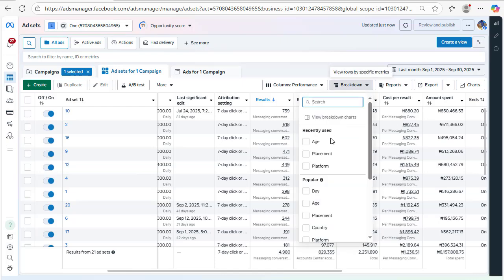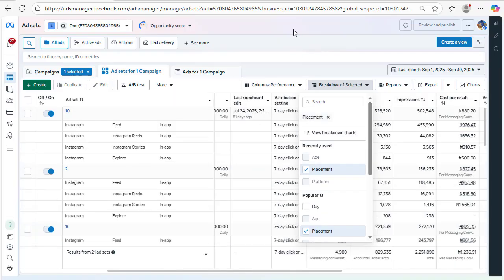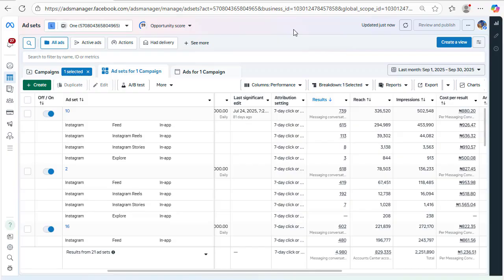One of the things that will help you when you go and check placement now, you are able to see where you got the cheapest results. Now you can see there's feed, Instagram Reels, stories, explore. You can see that from this we got our cheapest at explore, but the messages we got there were not good. But we got more messages from reels and feeds, and you see that they were making sense.